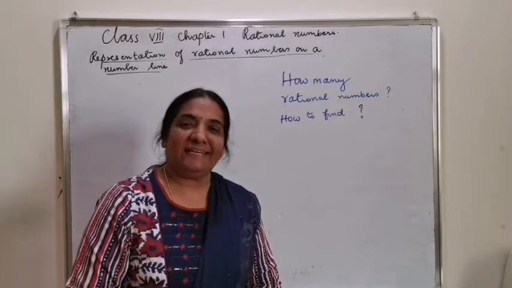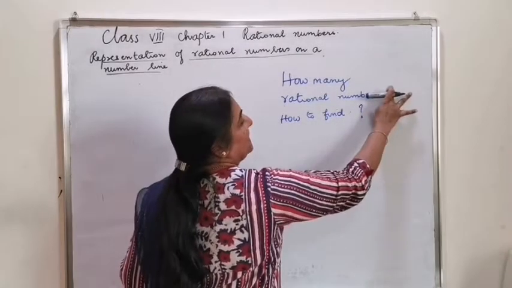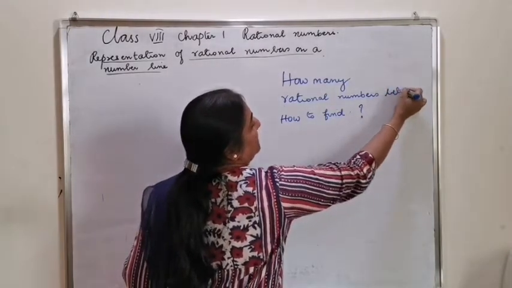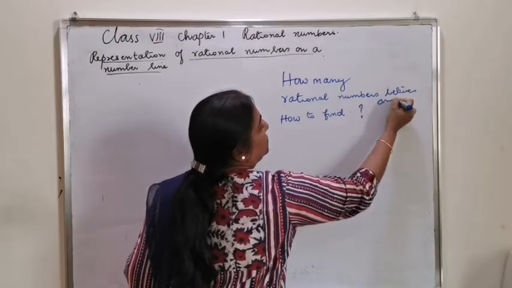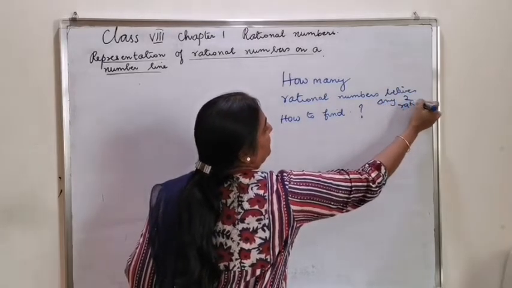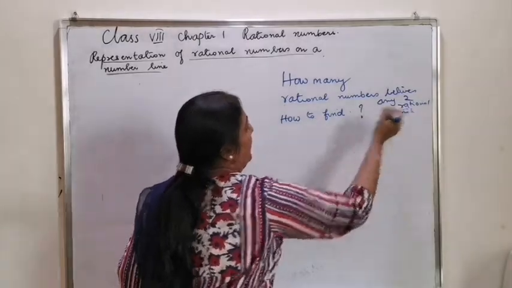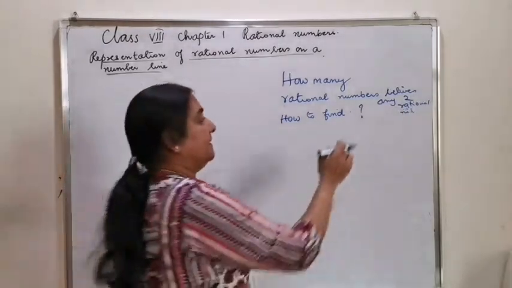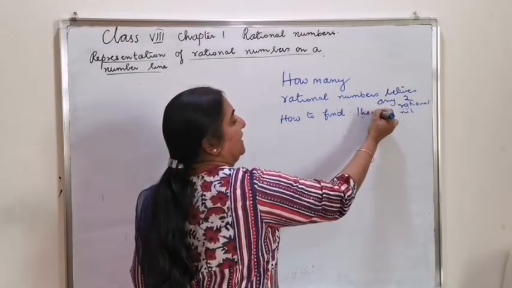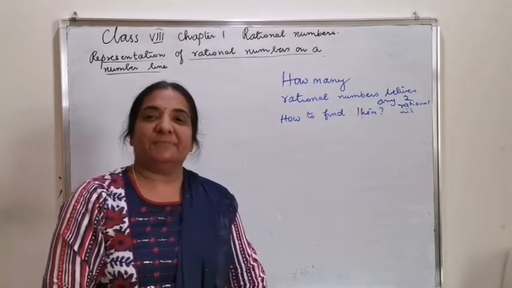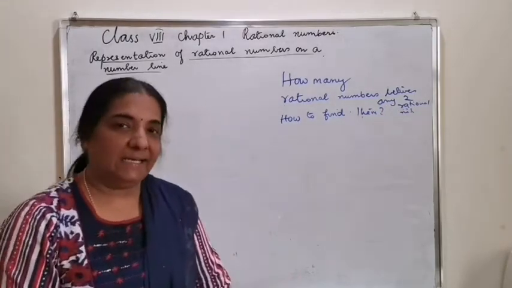Let's discuss in detail how many rational numbers there are between any 2 rational numbers and how to find them. How do you find rational numbers between any 2 rational numbers?